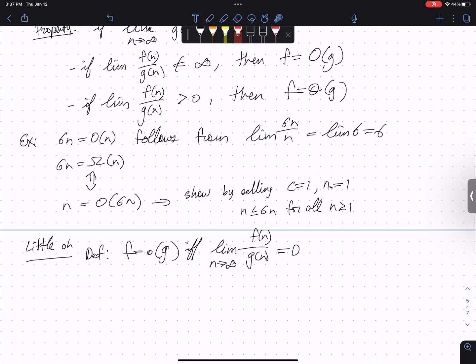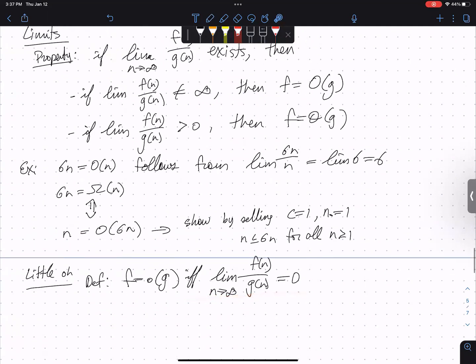Now you notice that if this is the case, then automatically by here, we get that f is big O of g. So property: if f equals little o of g, then f is also big O of g.